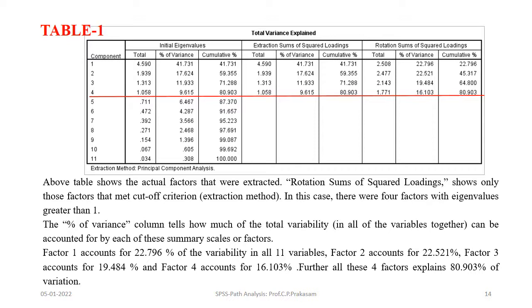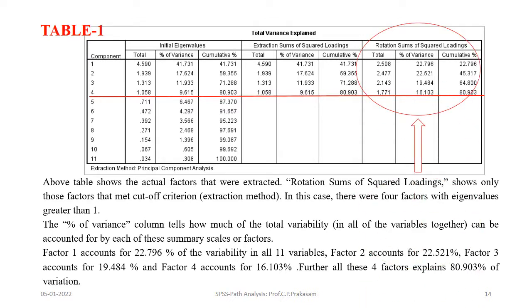But if you take the first factor, it explains 22.796 percent, second factor 22.521, third factor 19.484, and fourth factor 16.160. The last column in the rotation sums of squared loadings gives us the cumulative figure, and all put together, 4 factors are explaining 80.903% of variation in determining this group.